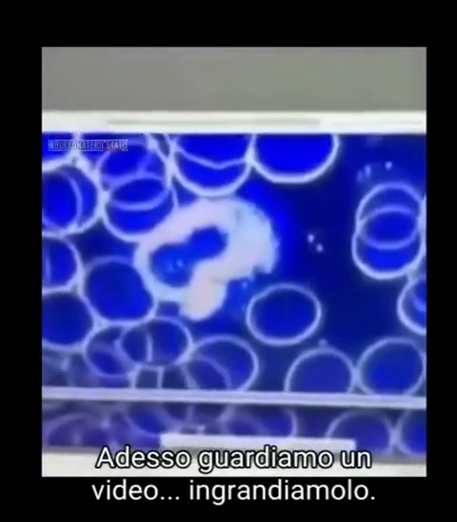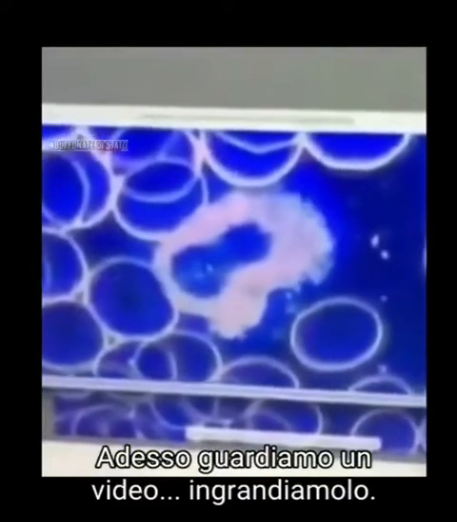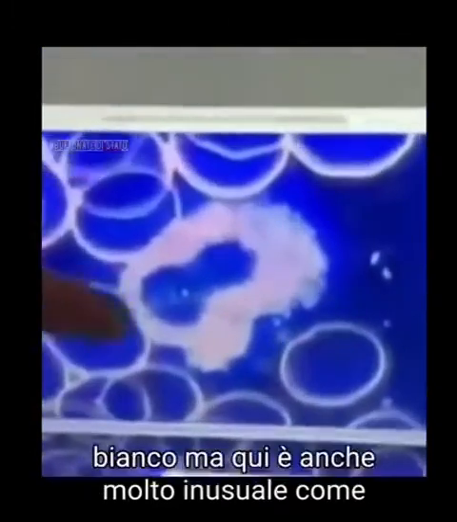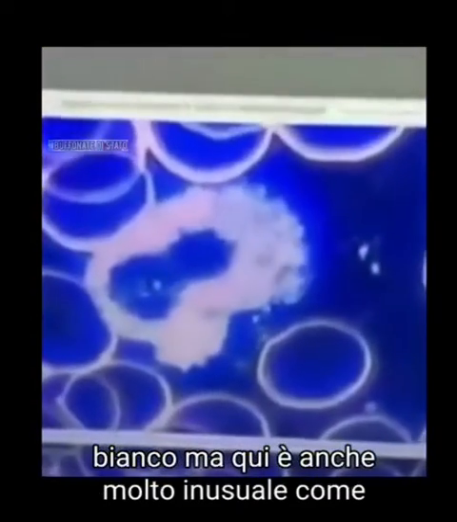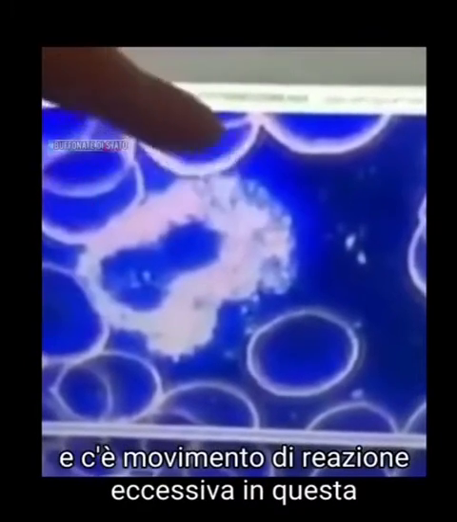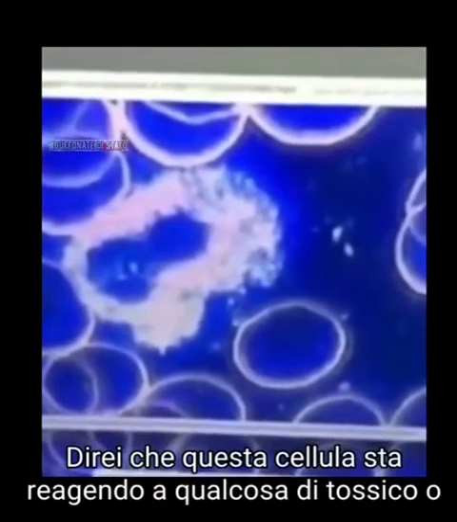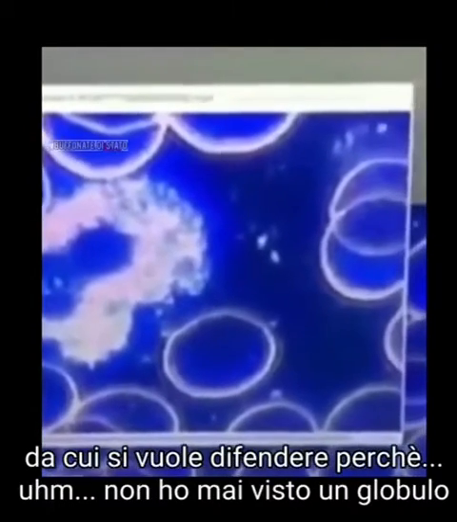So this one is a video. Let's enlarge it. Yeah, this is actually really difficult to explain, because it's a white blood cell, but also here very unusual how it comes out. It's not normal to look at this, and these overactive movements in this cell. I would say this is a cell that reacts to something toxic or something it wants to defend from.